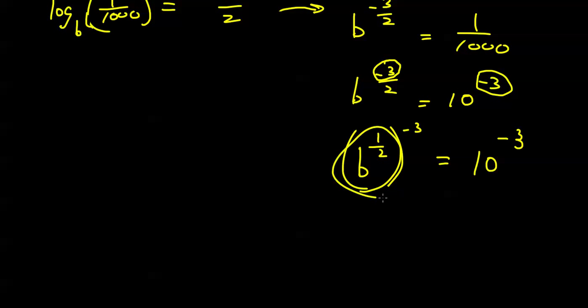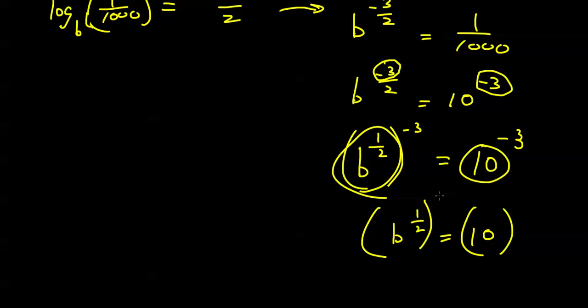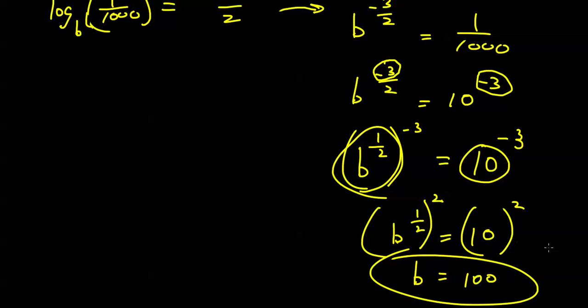So these bases must be the same. So b to the 1/2 equals 10, and if I square both sides, I will have solved for b. The square root of b squared is just b, and 10 squared is simply 100. So b equals 100. That was kind of a tough one.